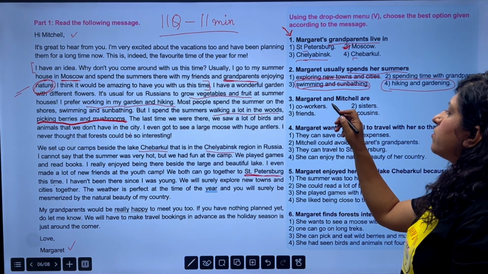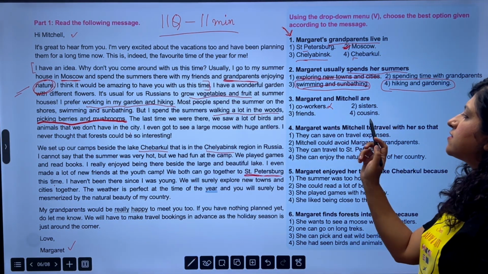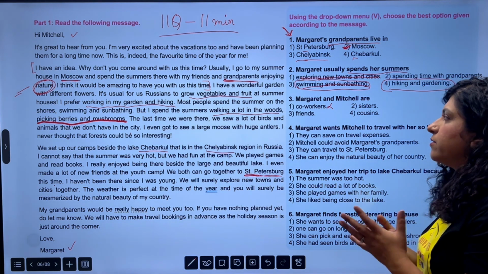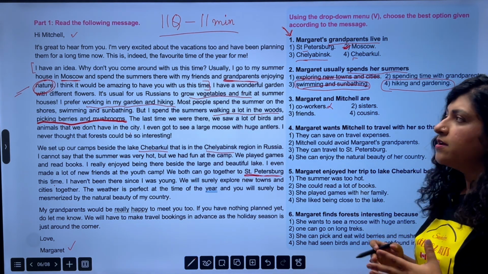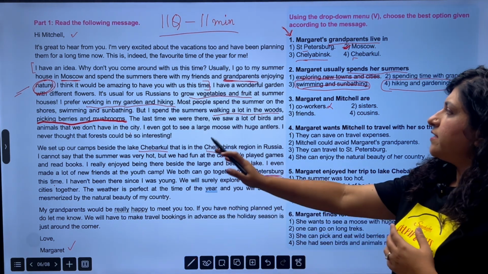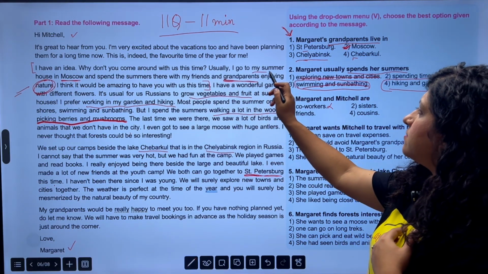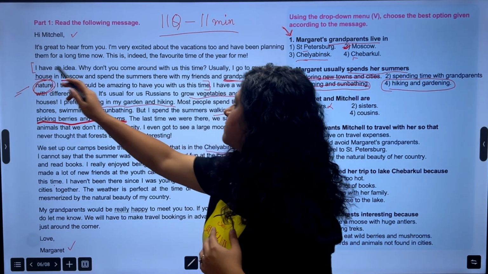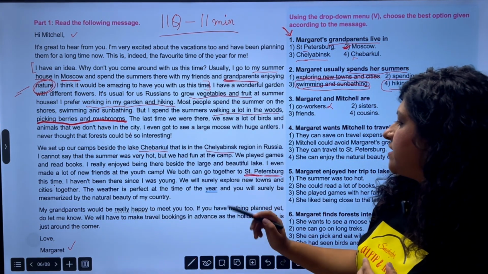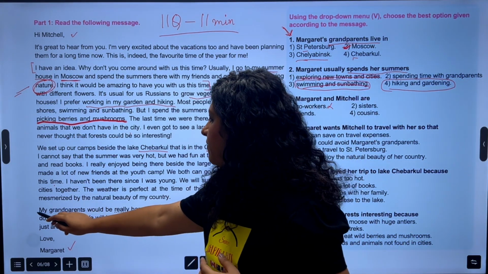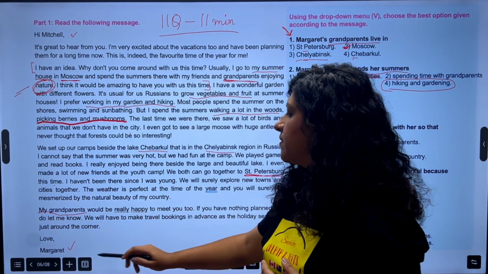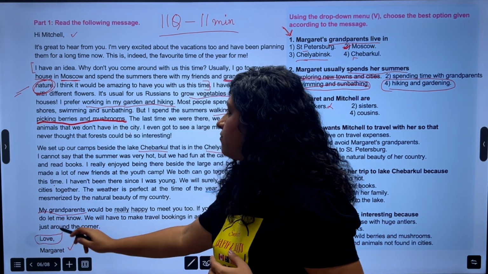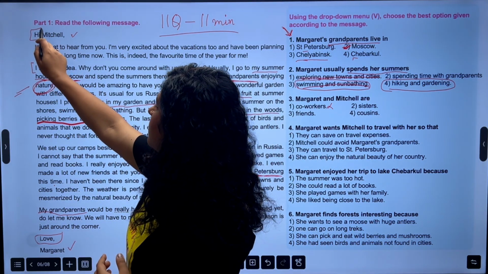Definitely these two people are not co-workers. They can be sisters, cousin, friends. Now how do we come to the correct answer? Now here Margaret is saying my summer house, and then she says my grandparents, love, hi.